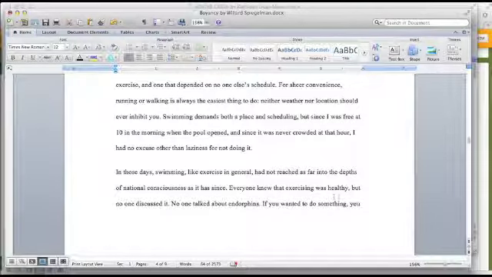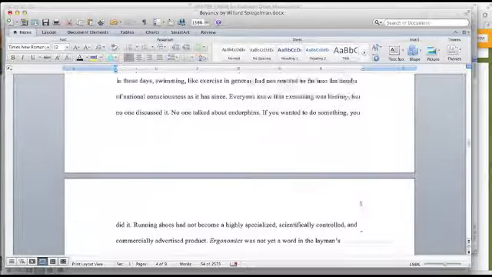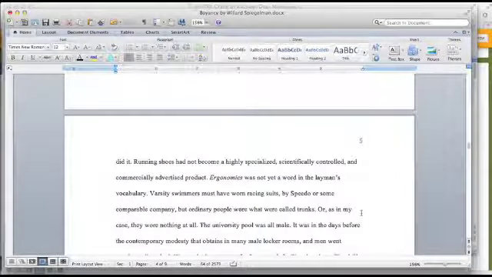Everyone knew that exercising was healthy, but no one discussed it. No one talked about endorphins. If you wanted to do something, you did it. Running shoes had not become a highly specialized, scientifically controlled, and commercially advertised product. Ergonomics was not yet a word in the layman's vocabulary."